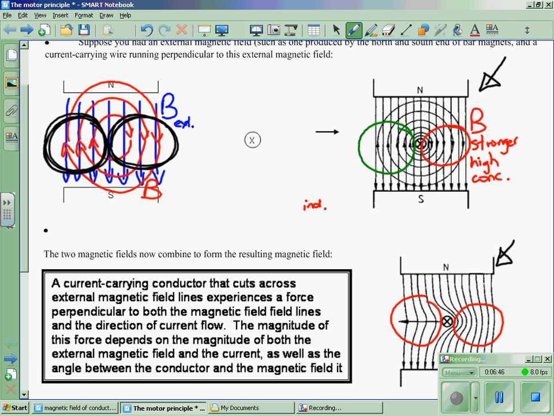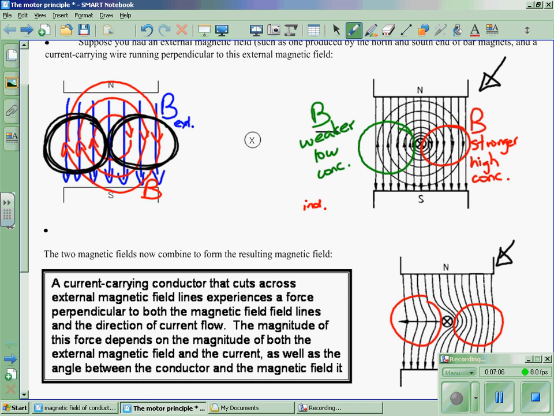One of them is circular, of course. What we're going to say here is that the magnetic field lines on the left tend to be a little bit weaker, and not only are they weaker, but there tends to be a lower concentration of magnetic field lines on the left side of that wire.